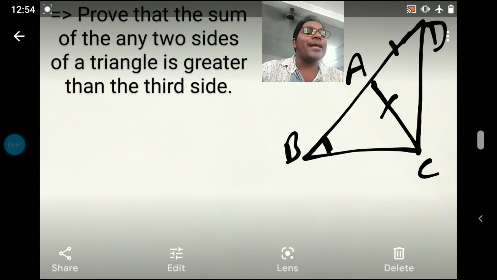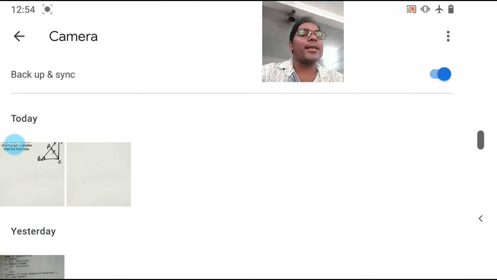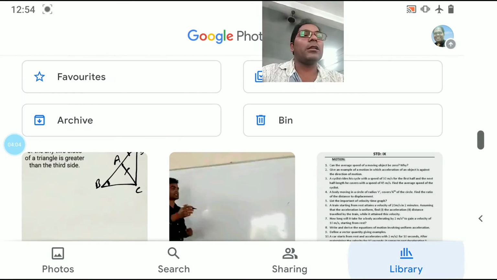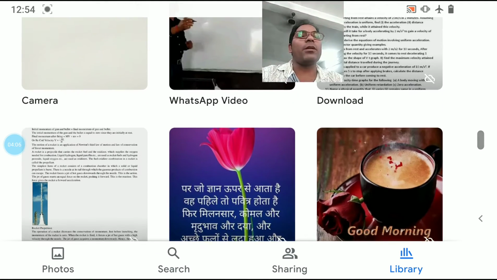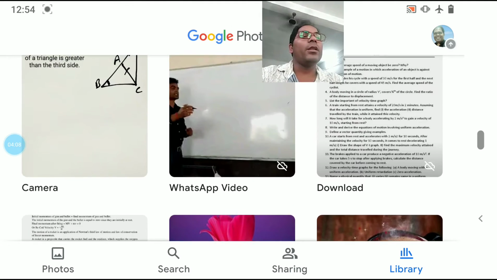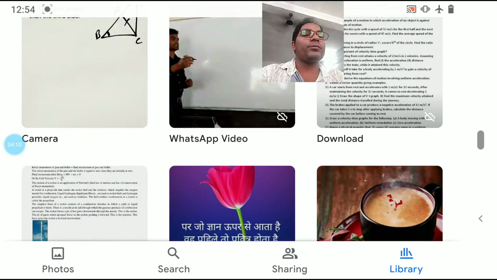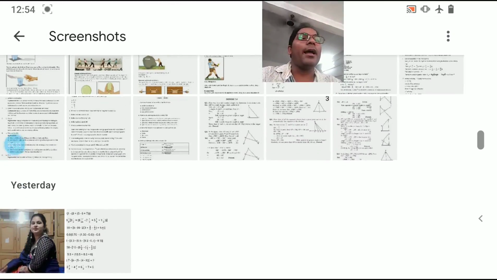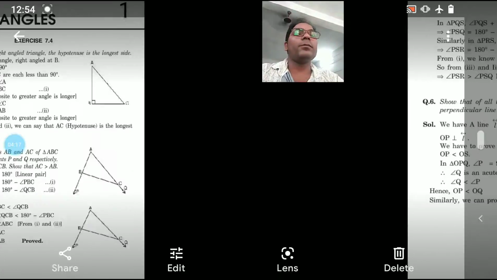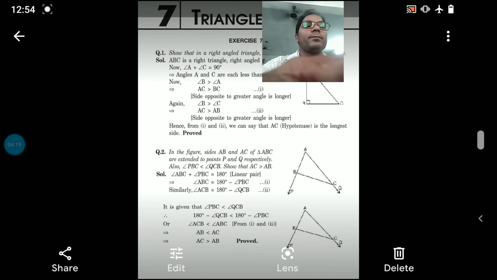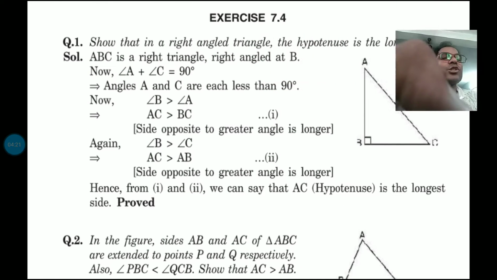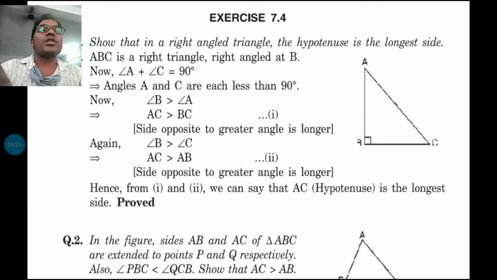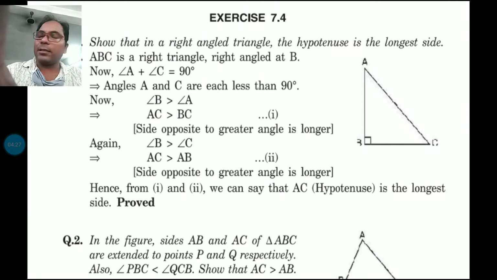Now I am going to explain the next one, exercise 7.4. Remember these things, students, whatever I explained: first of all, the sum of any two sides in a triangle will be greater than the third side.